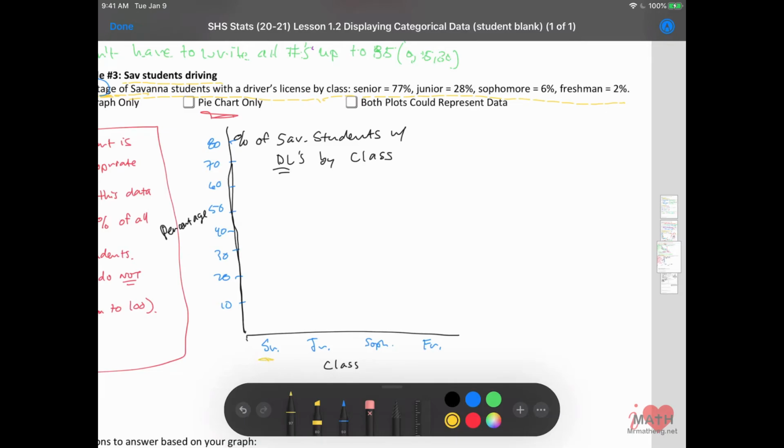And let's do seniors. Seniors are at 77. Again, these are bar graphs. These are not histograms. Histograms would have touched. Juniors at 28%. You have sophomores there. They're at 6%. And then our freshmen at 2%.